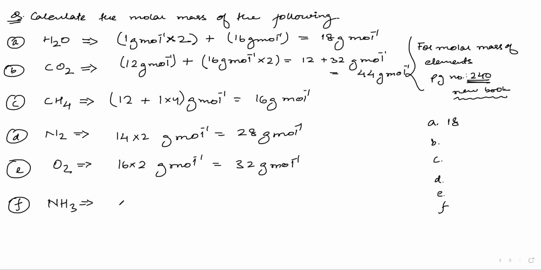For NH3, we have nitrogen. Nitrogen is how much? 14 plus 1 into 3 grams per mole. This will give us 14 plus 3 grams per mole. And this will be 17 grams per mole.